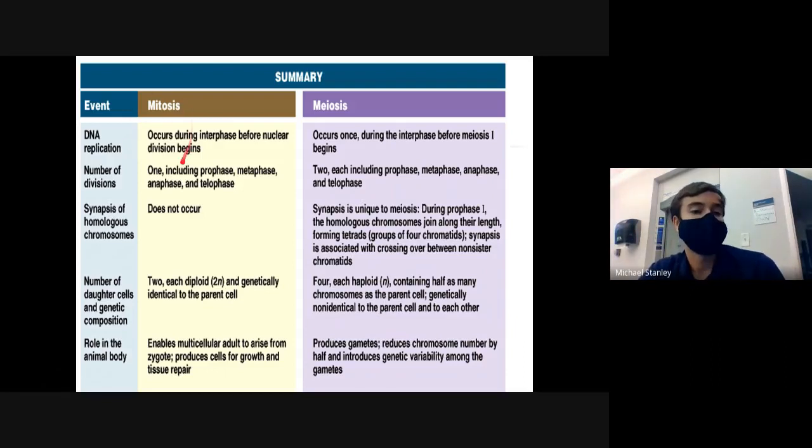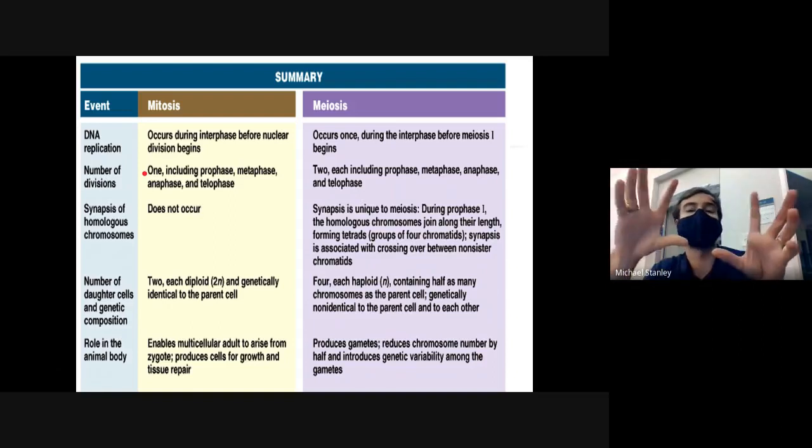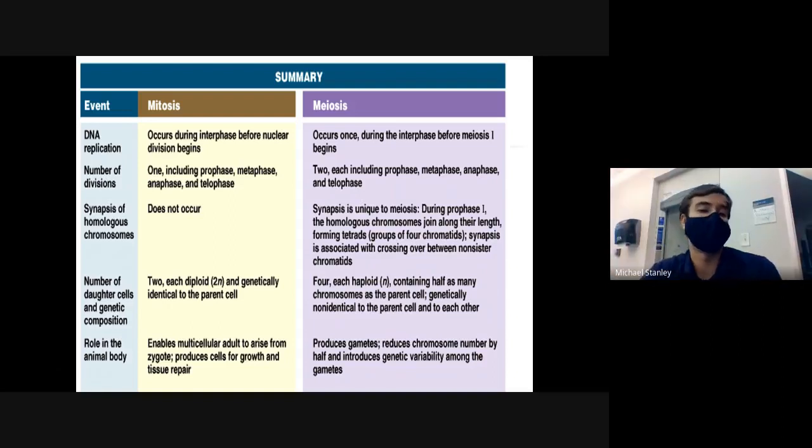In mitosis, we only divide once, where we go through all 4 steps of mitosis and split that one cell into 2 brand new identical cells. But in meiosis, we go through 2 rounds of division. So we go through prophase, metaphase, anaphase, and telophase, and then we do it again in meiosis.